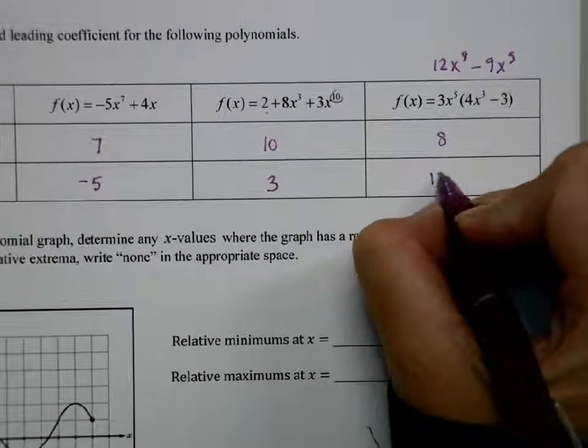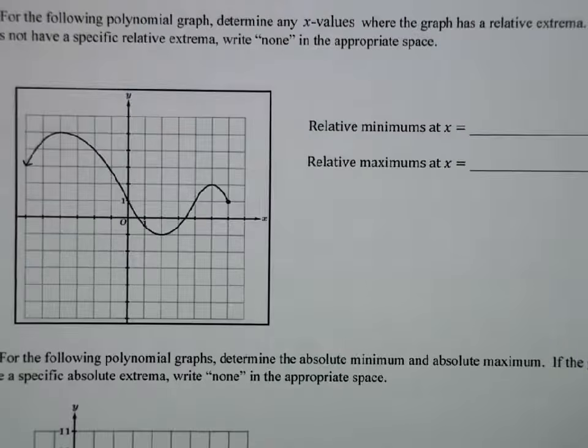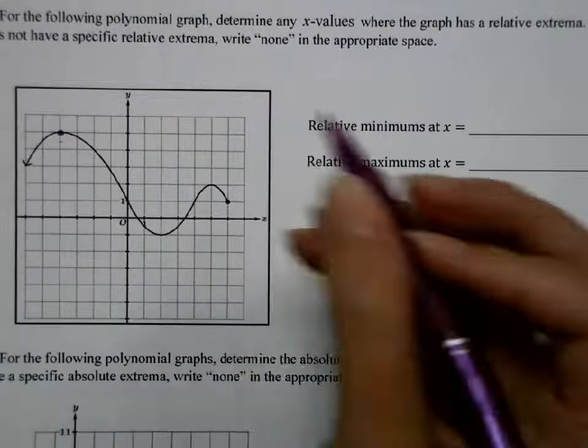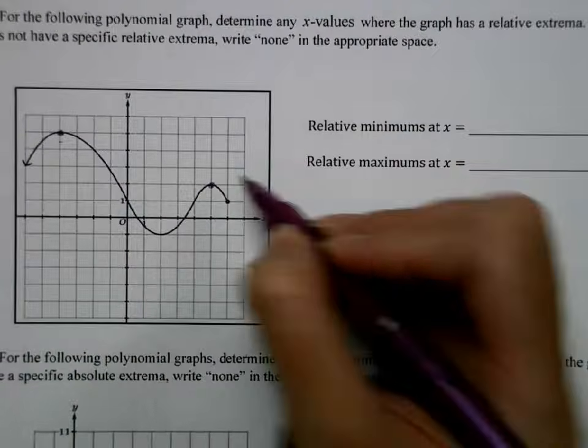Okay, so in this graph, we're going to be looking for relative mins and maxes. Relative mins and maxes are values that for their little part of the world are the smallest or the biggest. So we have relative maximums here. This is our winner for that little area. And here. So that's going to be at x equals, oh, those are the maximums.